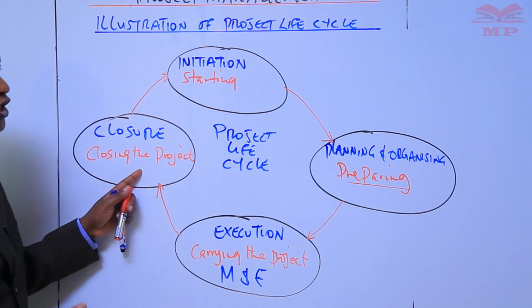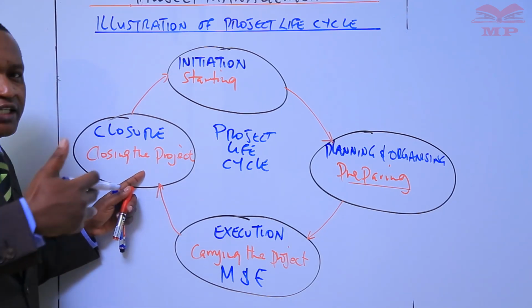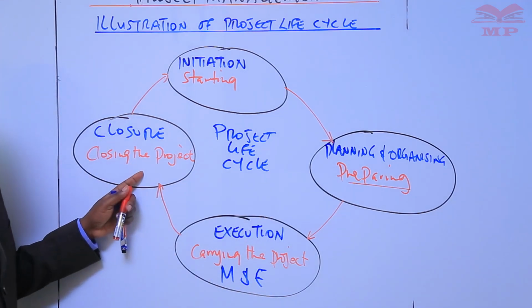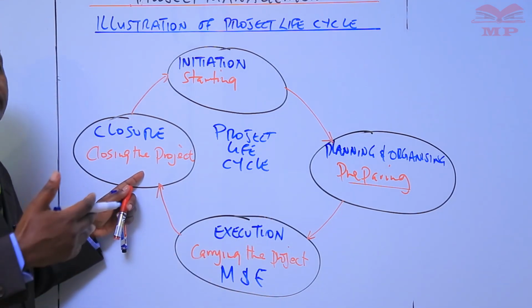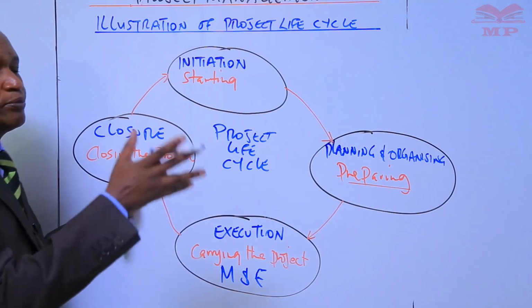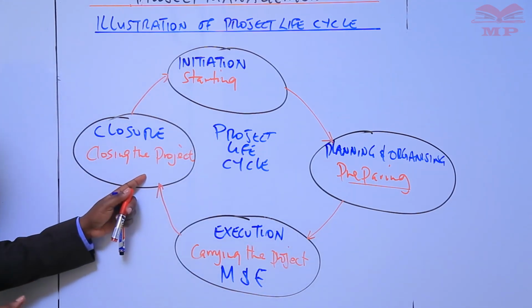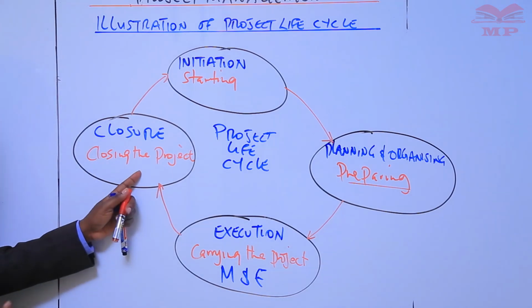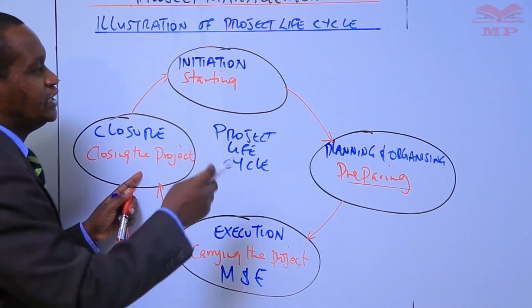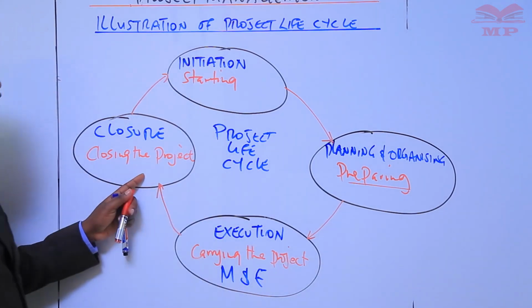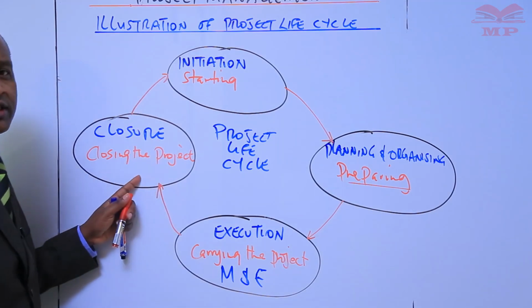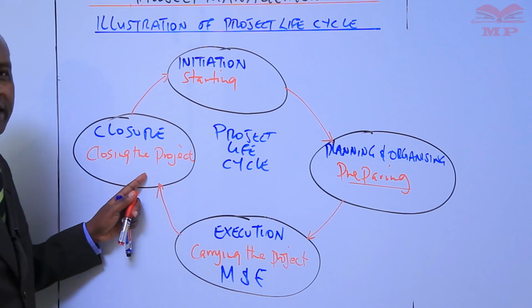The project also comes to an end after communicating completion to the stakeholders and also after releasing resources to other projects. So when closing, the end of one project opens up room for initiation of other projects. So after releasing resources to other projects, then we say a project has come to an end.